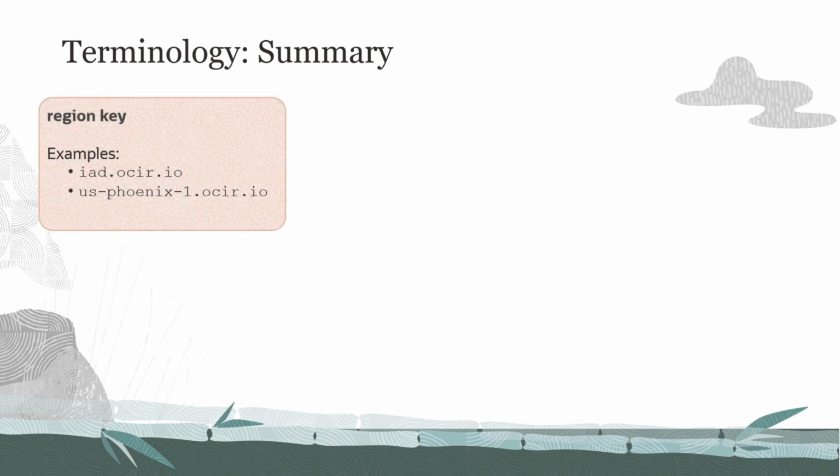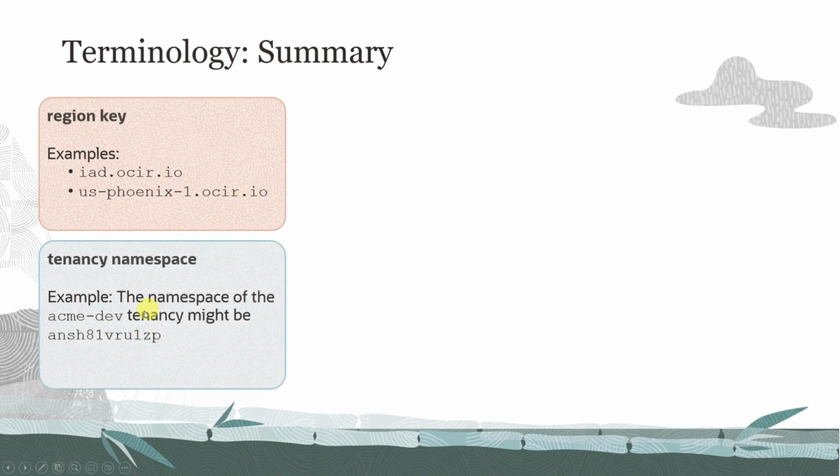Starting with the region key. The region key identifies the container registry region that you are using. For example, as you can see here, the IAD specifies the US East Ashburn region, whereas the US Phoenix one specifies the US West Phoenix region.